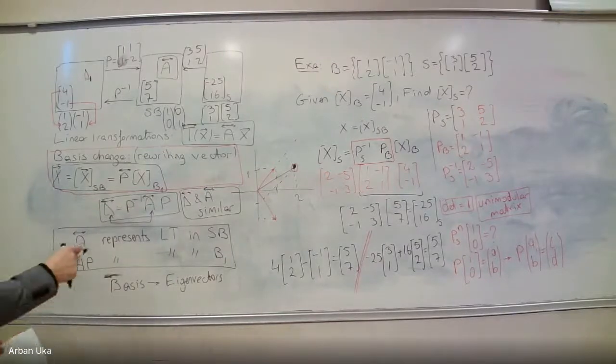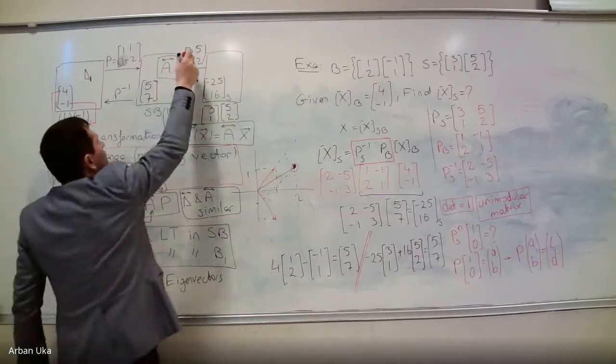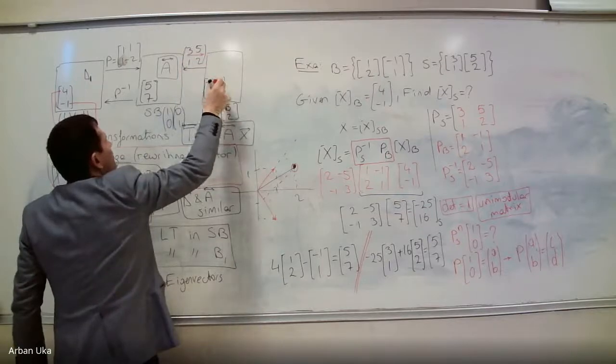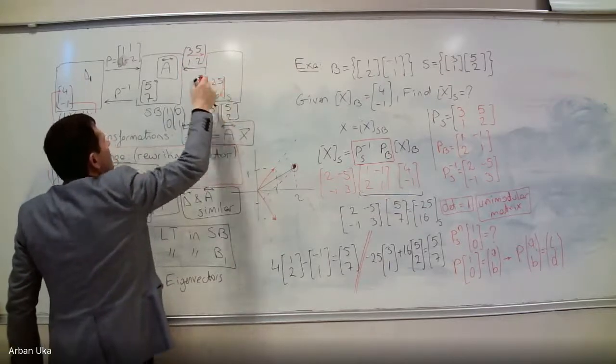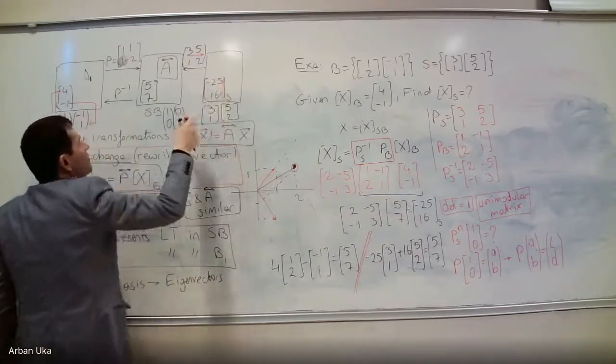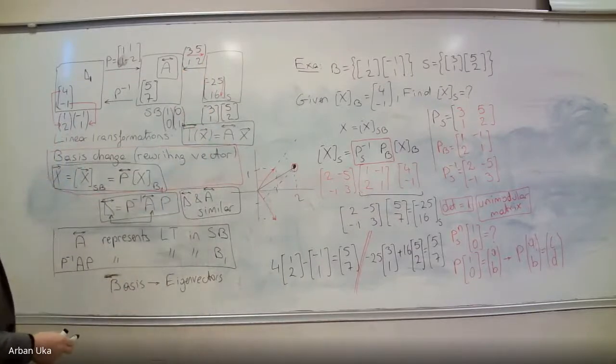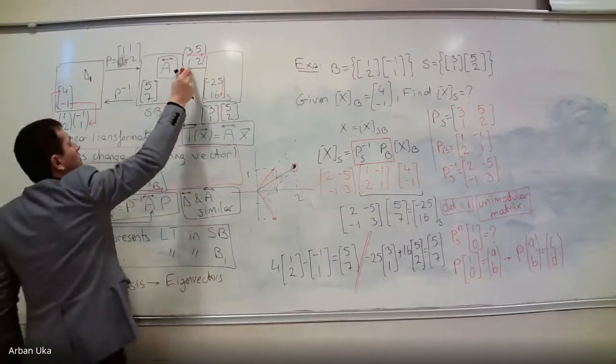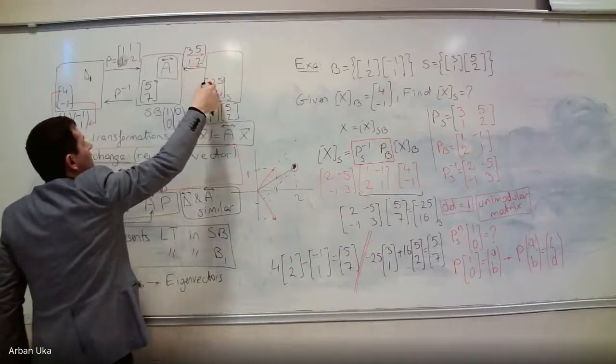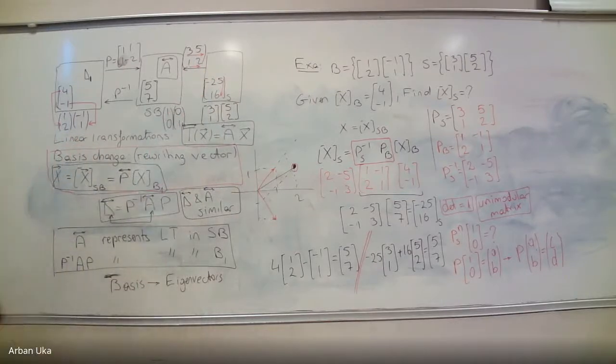Why is this? It is because we always multiply the first row with these two numbers, right? The 3 multiplies the minus 25, and the 5 multiplies the 16. Again, if we multiply the second row, the 1 multiplies the minus 25, and 2 multiplies the 16.